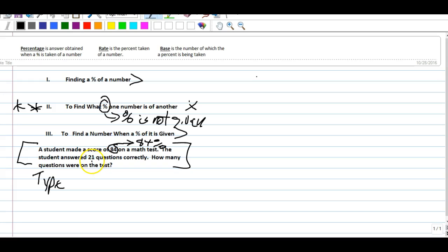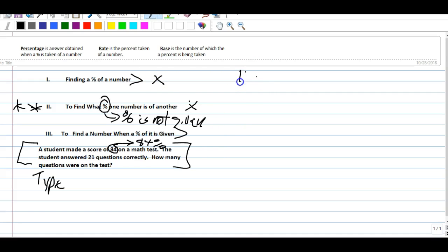Well, there cannot be fewer questions on the test than the number that the student actually got correct. So 84% of 21 gives you a number less than 21, and there cannot be fewer questions on the test than the number answered correctly. So I know that it is not this one either.